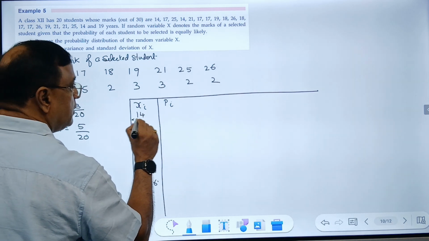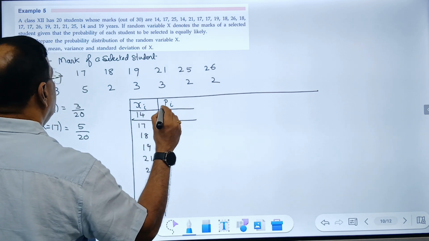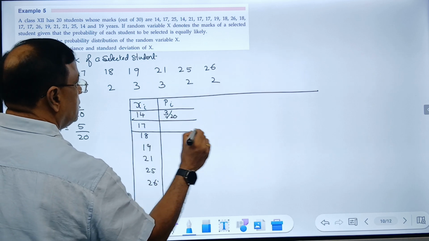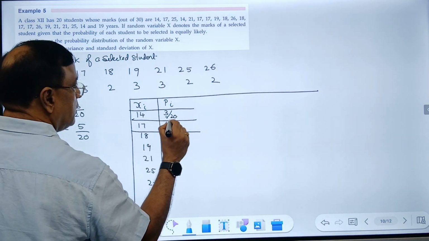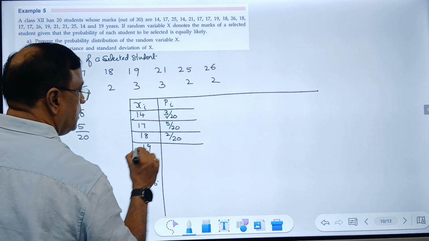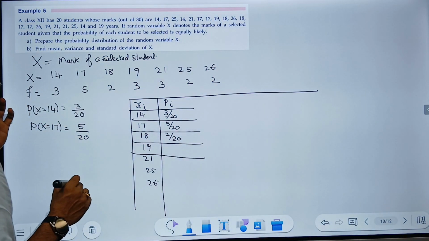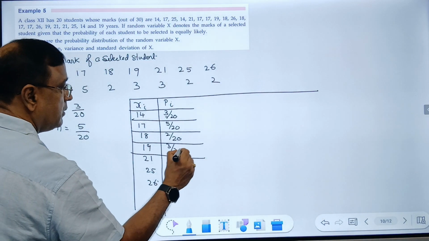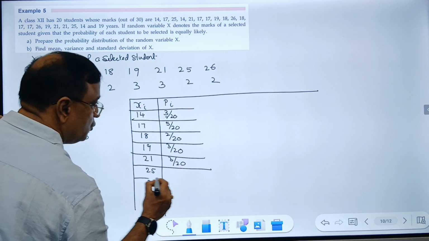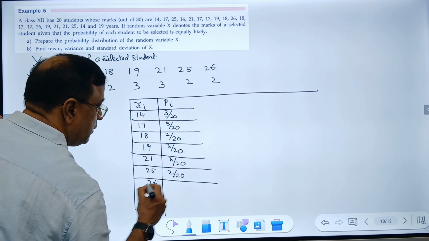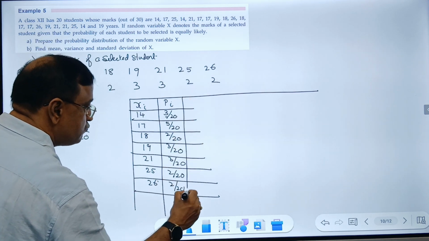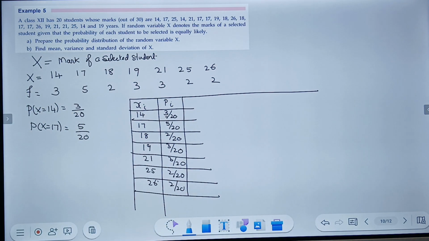And what is your pi? 3 by 20, and the next one is 5 by 20, then 2 by 20, then 3 by 20, 3 by 20, 2 by 20, and finally 2 by 20. That completes this. Now he wants me to find the mean.